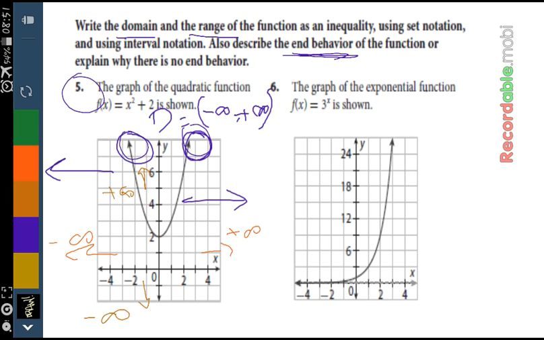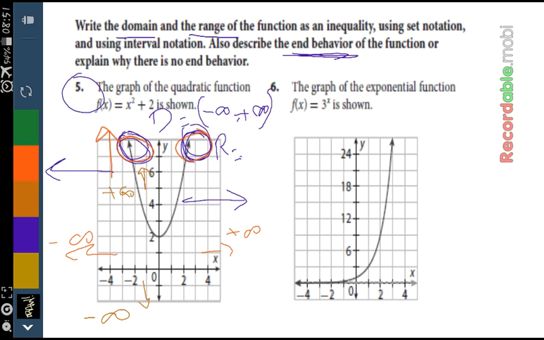Let's find the range for this function. What we see here is two arrows. These two arrows are moving up to positive infinity, up in this direction.